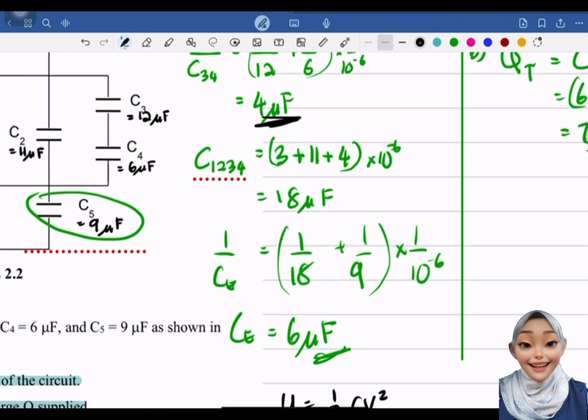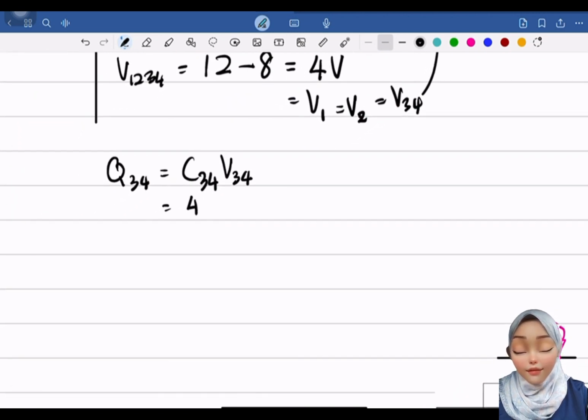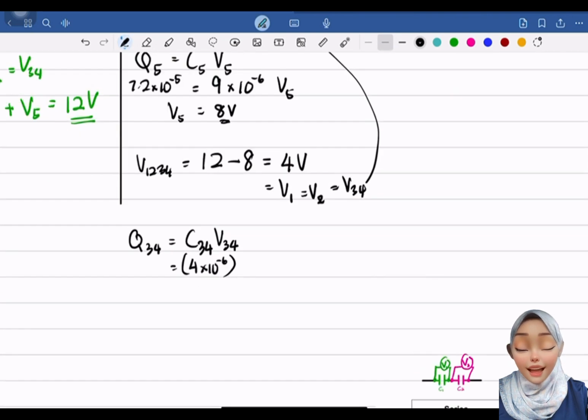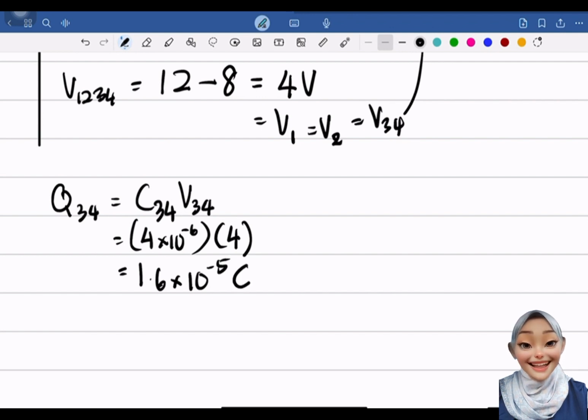Ni dia. C34 kita ialah 4 microfarad. Okay, jom kita tengok. 4 kali 10 kuasa negatif 6 kali dengan V34 kita ialah 4 volt. Kita akan dapat 1.6 kali 10 kuasa negatif 5 coulomb.